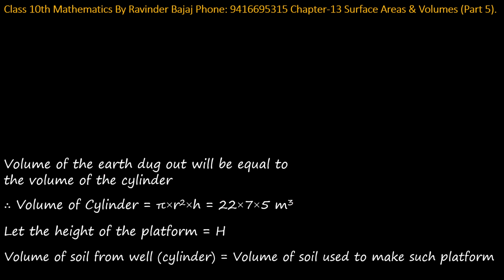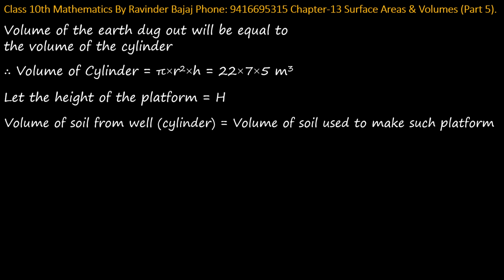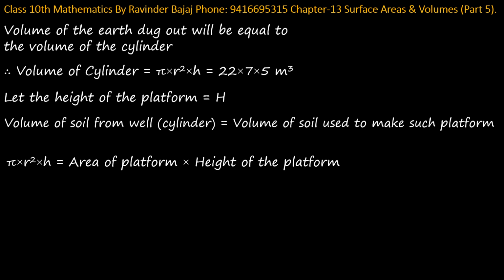Now see, pi r square h is equal to the area of the platform multiplied by the height of the platform. Means this is also volume and this is also volume. Area multiplied by height is equal to volume. So area is length into breadth and height is h. So L into B into h is the formula for volume.